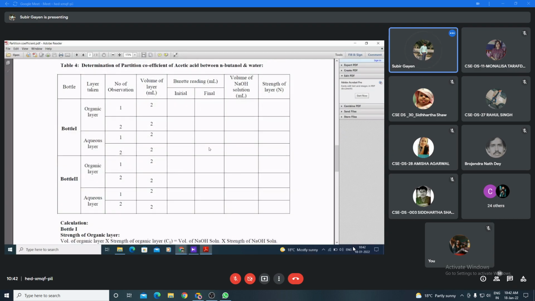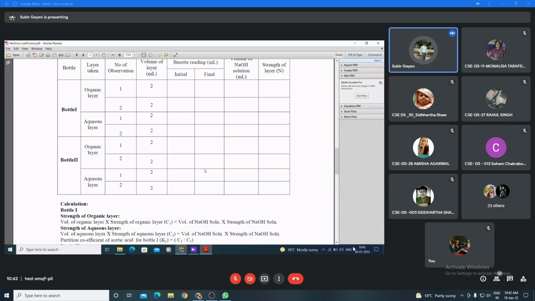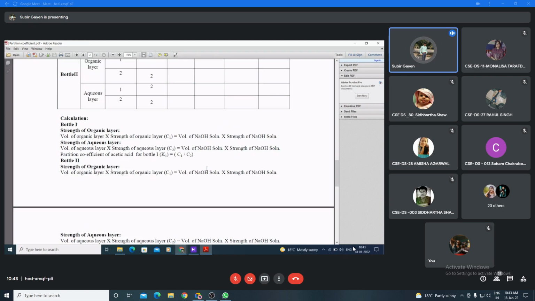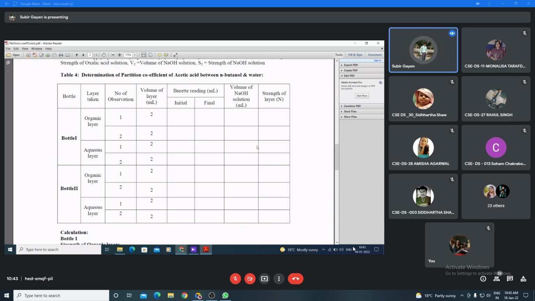Then the partition coefficient for bottle 1, you have to write all the readings. After that, by the formula V1S1 = V2S2, you have to calculate the strength of every layer. Okay, you have to calculate every layer, then you have to determine the ratio.